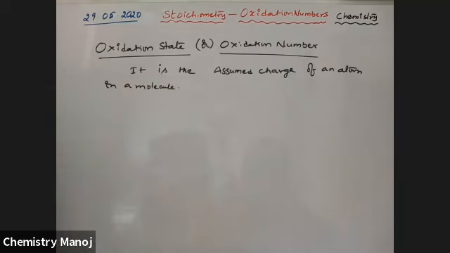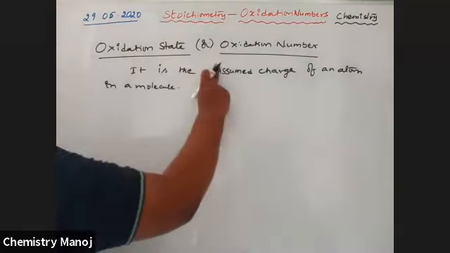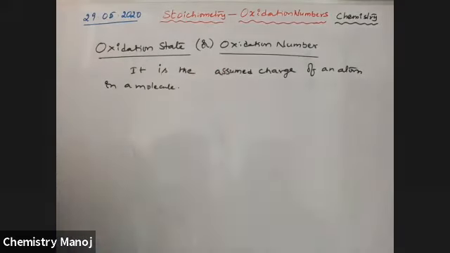It is the assumed charge on an atom in a molecule which is taken as the oxidation state or oxidation number.